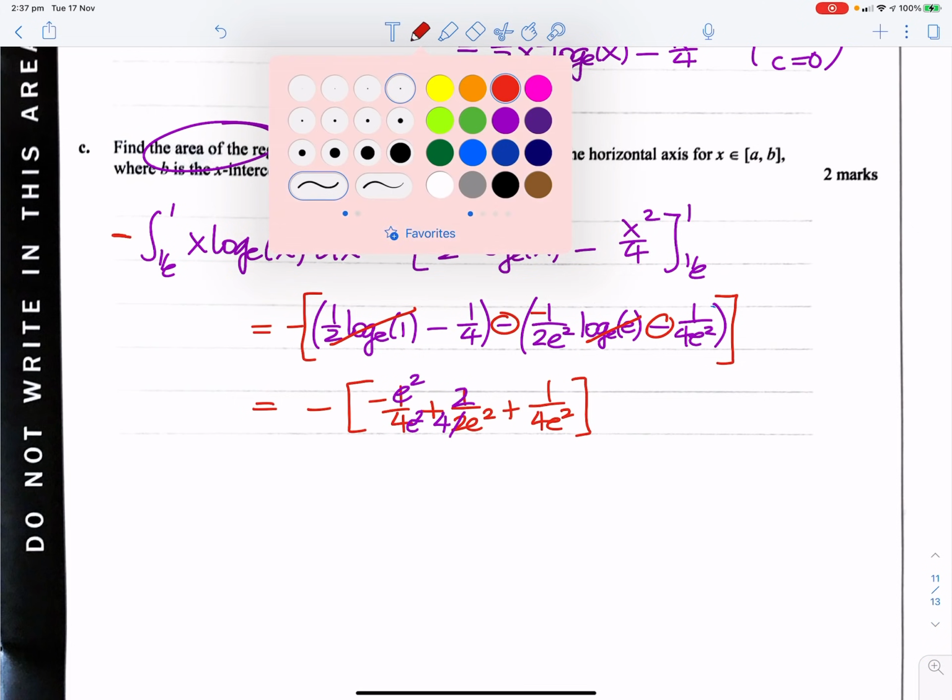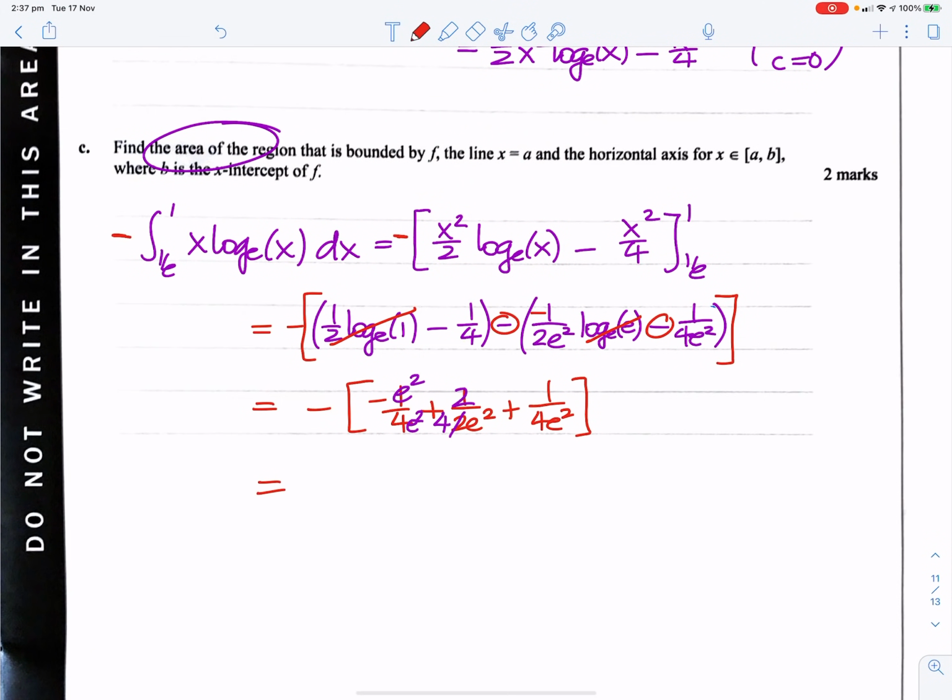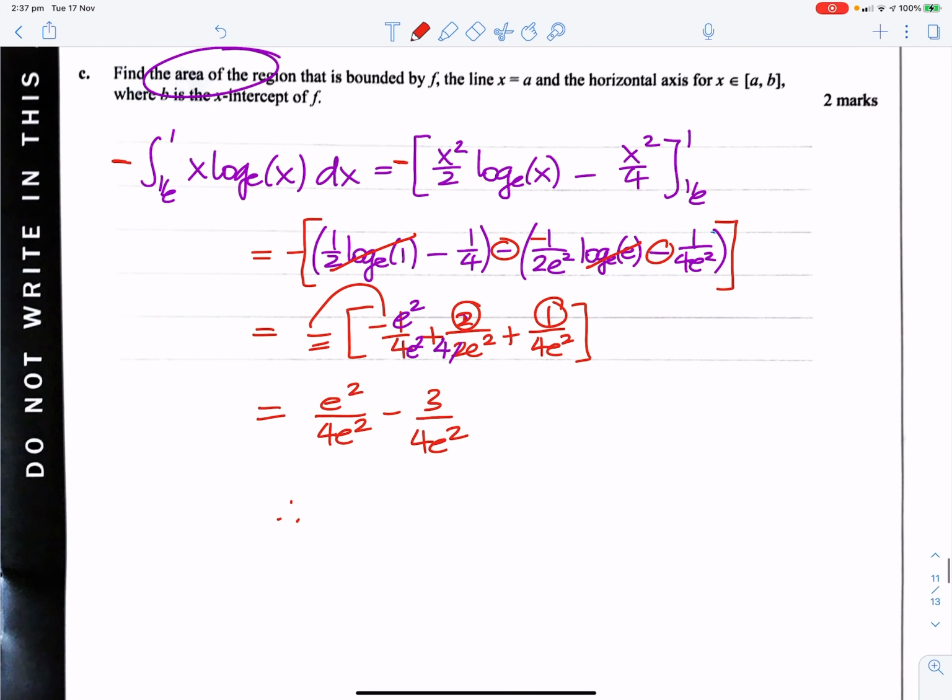When we add them all together, that becomes positive e squared on 4e squared. That becomes 3 on 4e squared, but it's negative. So our area is e squared minus 3 on 4e squared.